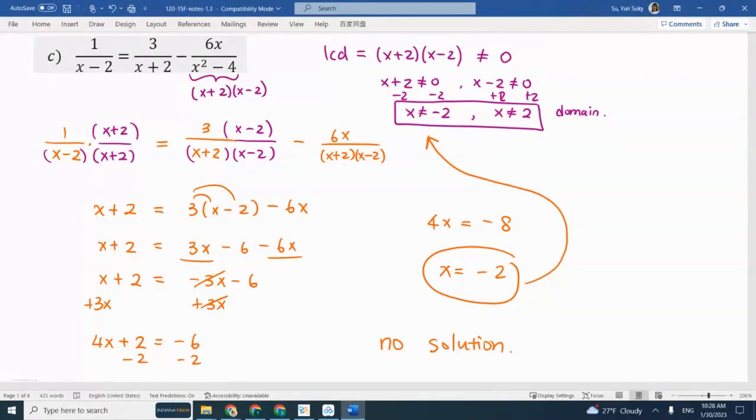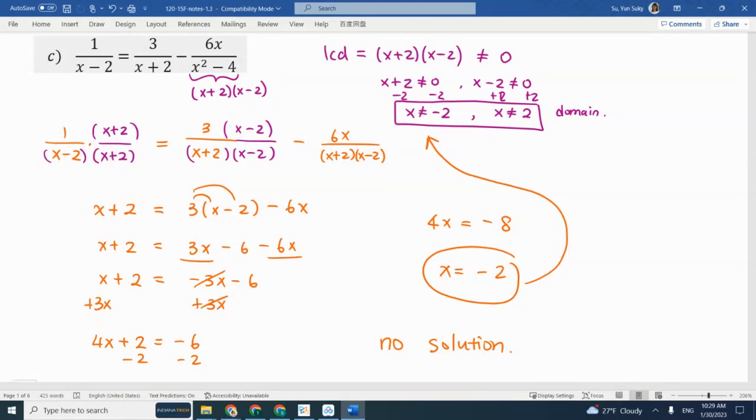That's why when you solve equations involving rational expressions or radical expressions, at the end you need to check your work, check whether your answer is in the domain. If yes, this is the solution. If not, then this is not the solution. Okay, everybody? So in section 1.4, which is right after this session, we will solve more types of equations.